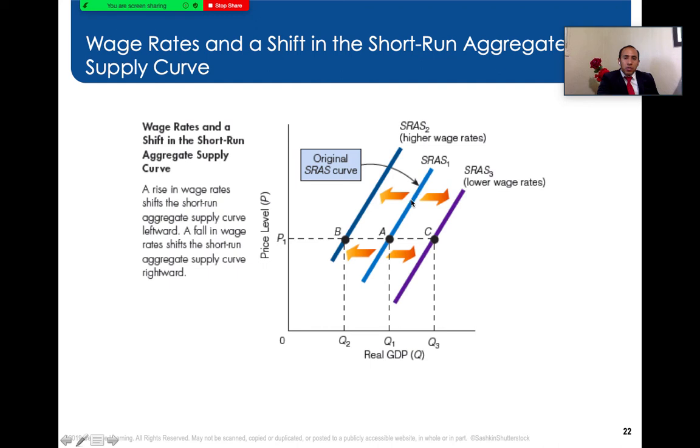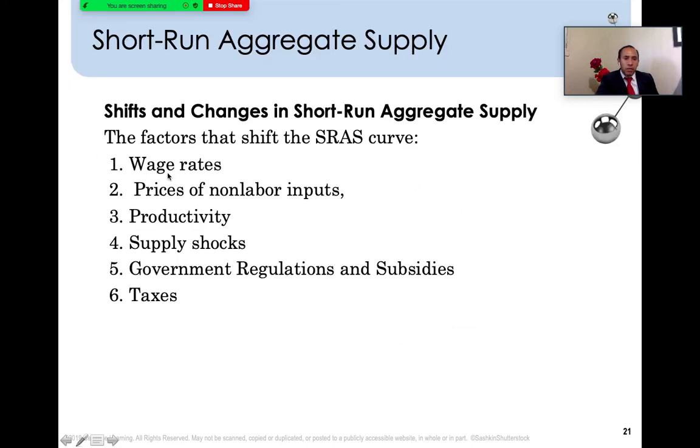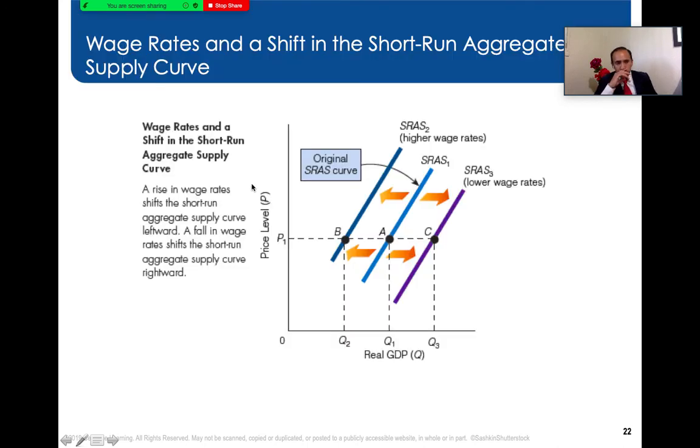Here we have the original curve, SRAS1, the short run aggregate supply curve. If you see the abbreviations, short run aggregate supply 1 is the starting point. If there is an increase in the wage rate, as one of the shifters that shift the aggregate supply curve, the producers or the members of the production process would shift the supply of goods to the left.